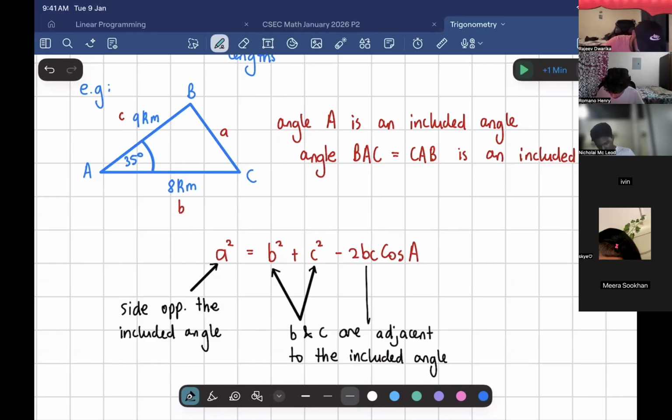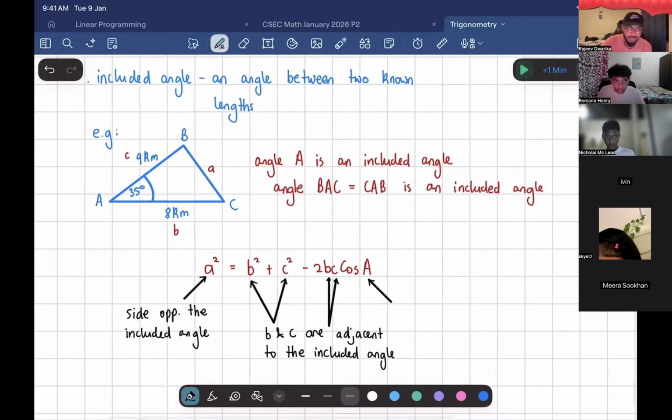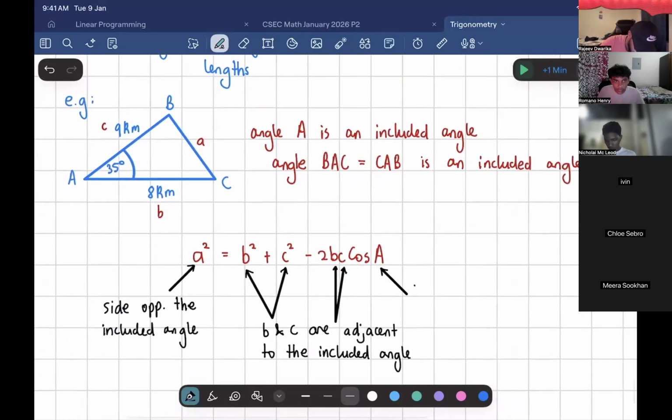Again, the same thing over here. And can somebody just tell me what A would be called? Remind me, guys, what would I call A? It's the included angle, exactly. A is the included angle.